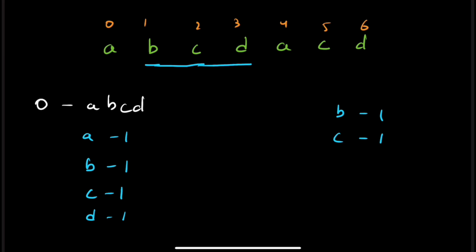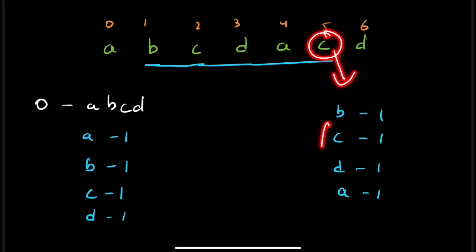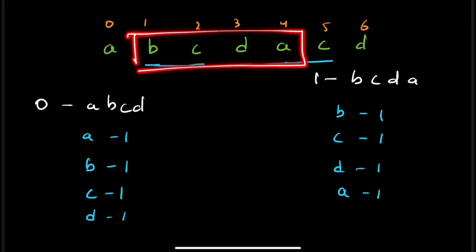Then again D is not there with entry 1. And again, when it comes to A, the entry of A is not present, so A with 1. Now we expand the window till C and check whether the entry of C is present inside the hash map. Yes, it is present, right? So we stop the execution. So when started from index number 1, the string is B, C, D, A, right? We have this substring as longest unique characters.